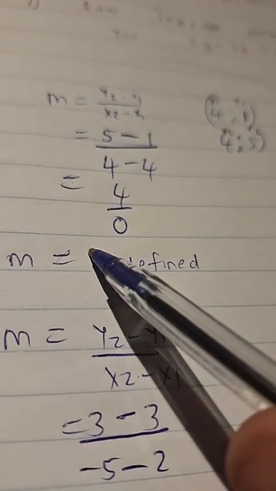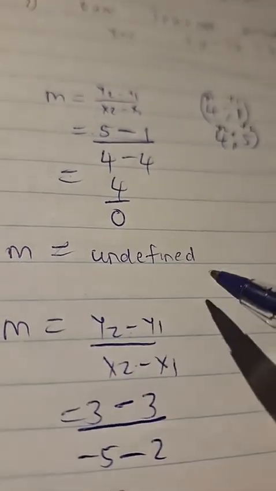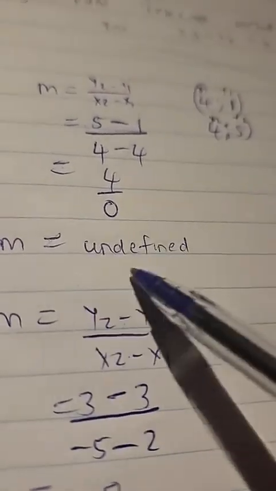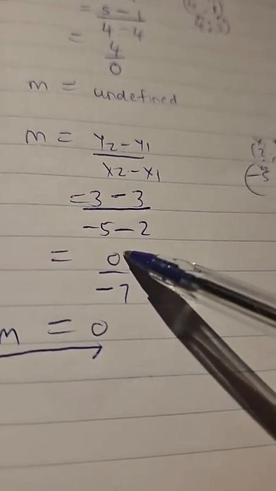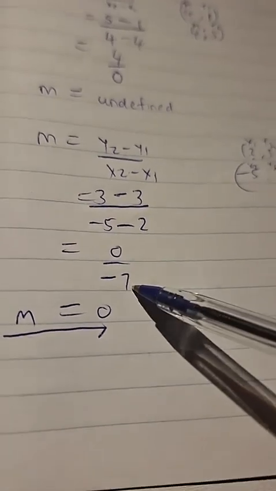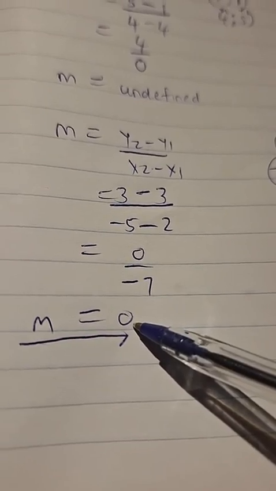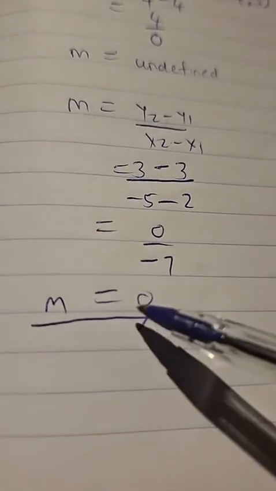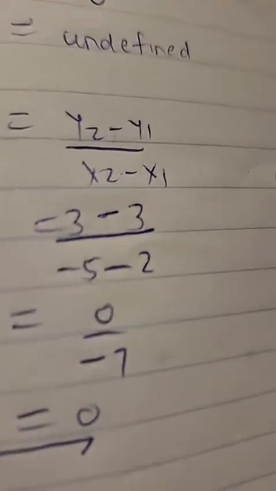That message means division by 0. It means undefined. Let's never forget that. Here, since the 0 is in the numerator, 0 divided by a number is 0. That means our gradient is 0.